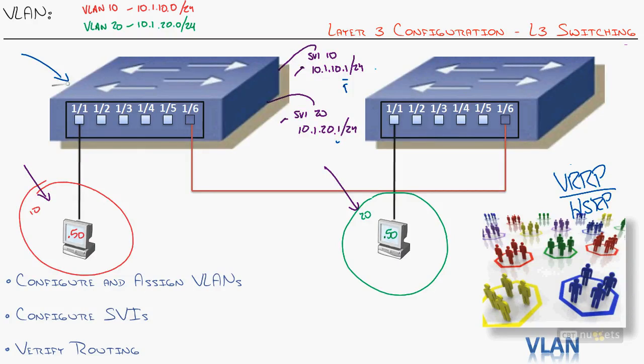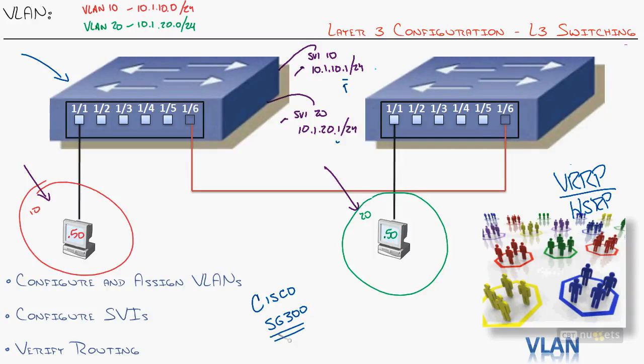Matter of fact, watch Jeremy turn into marketing Jeremy. If you're looking for a sweet switch for a lab or small office, Cisco SG300. Okay, it's not a real Cisco switch. It's their small business series, previously known as Linksys. But I'm telling you, that thing rocks.